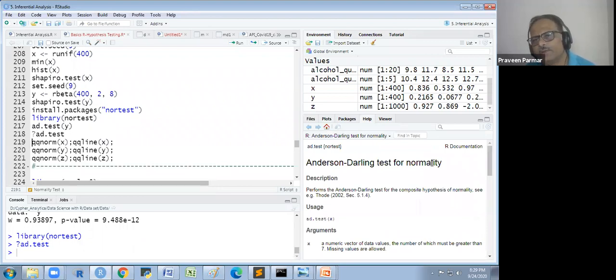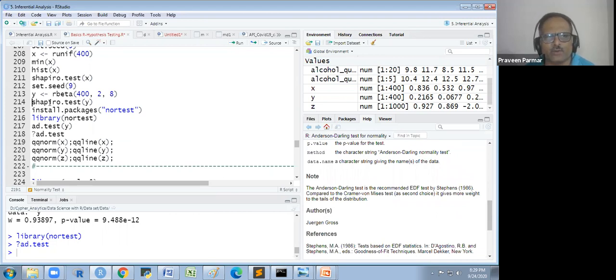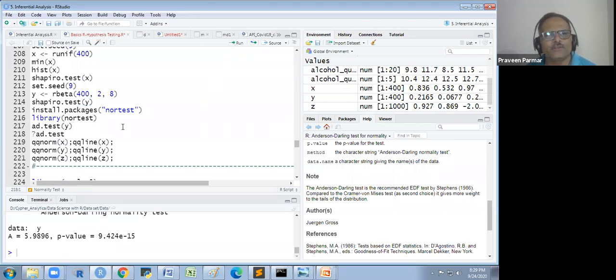Anderson-Darling test for normality. Some people also use the Kolmogorov-Smirnov test, but some tests sometimes give wrong results, so we could apply this also. We could apply it on Y. It is on X, we see on Z. Okay, we see on Y.